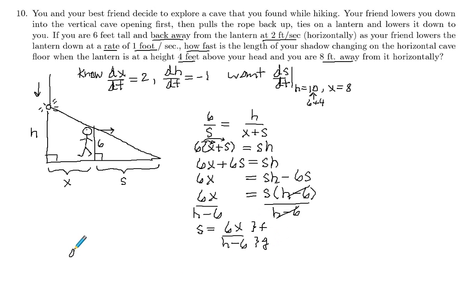So if we do that, then our ds/dt is going to be f prime g minus f g prime all over g squared. So f prime is the derivative of the top. Now remember, x is not the independent variable, t is. So the derivative of x is not 1, it's dx/dt. Okay, so the derivative of 6x is going to be 6 times dx/dt.